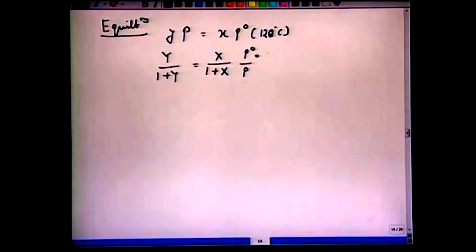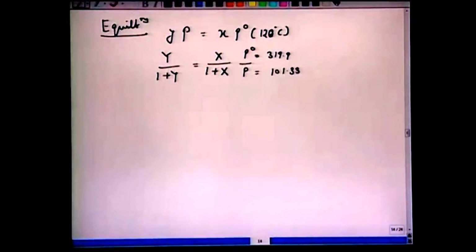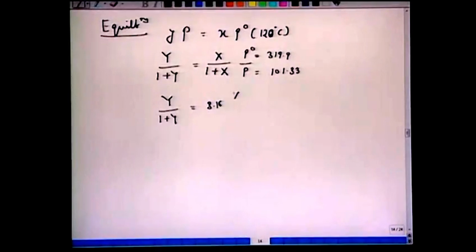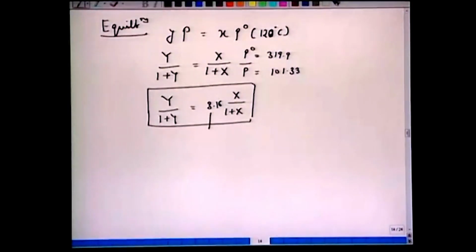This p0 vapor pressure is 319.9 and p, atmospheric pressure, is 101.33. So we have the equilibrium curve Y over 1 plus Y equals 3.16 times X over 1 plus X. This expression is similar, except the coefficient is different because of the difference in temperature. Now we have 120 degrees centigrade. Nonetheless, with this we can now plot y versus x.